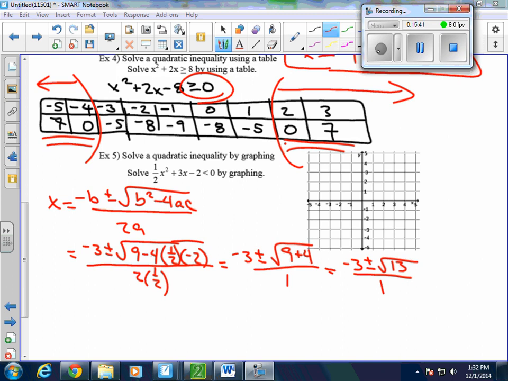Using our calculators, this is negative 3 plus or minus approximately 3.61 over 1. So x is negative 3 plus 3.61, which is approximately 0.61, and negative 3 minus 3.61, which is negative 6.61.